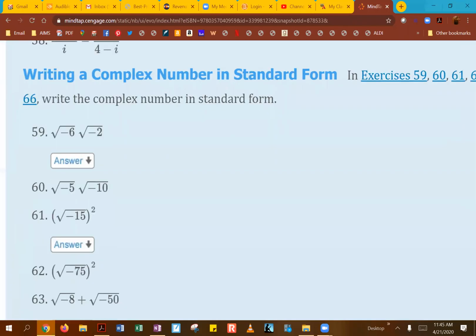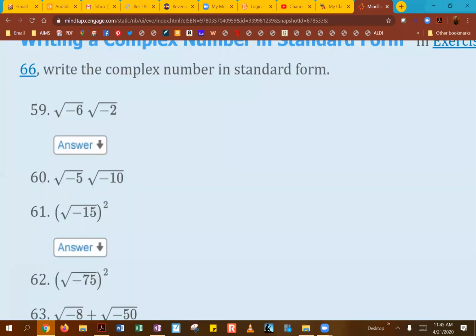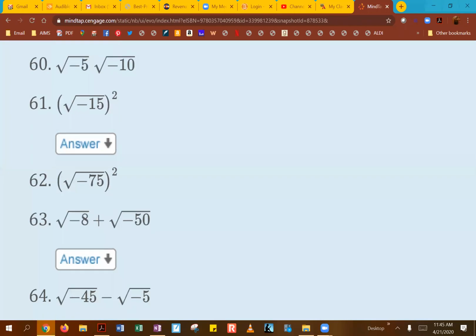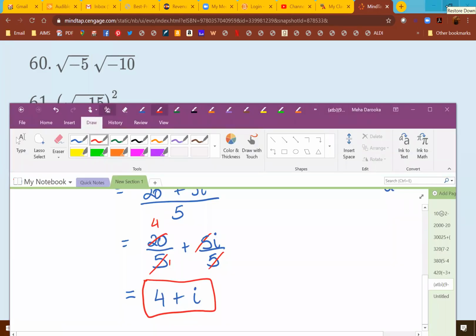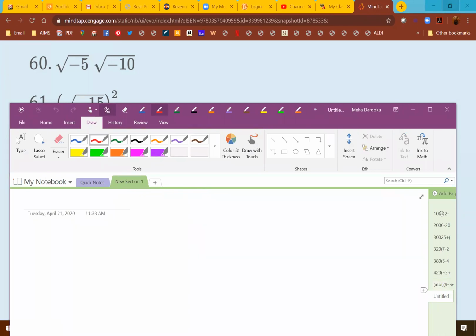Right here. So they are saying, again, same thing, write the complex number in standard form, but this is where we are actually looking at number 60 to see what happens when you take a product of these two numbers that basically have negatives inside their radical.